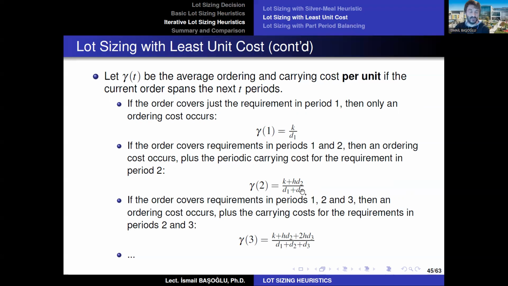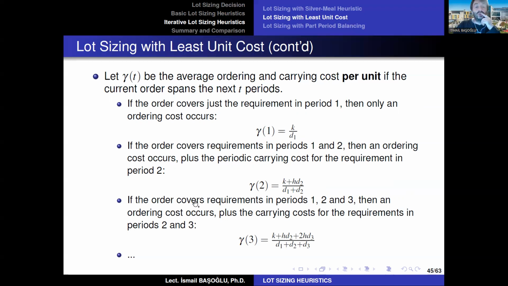Okay, in general, actually it depends on the values that we have here, but again, as we introduce a new period, we expect to have a decrease in the gamma function, but at some point it will start to increase again.